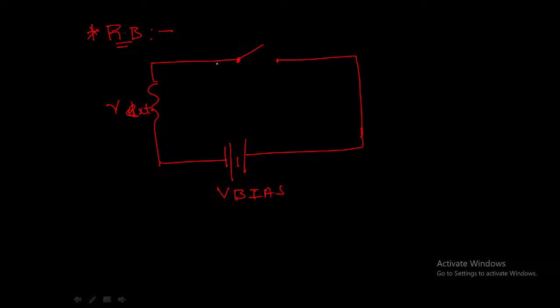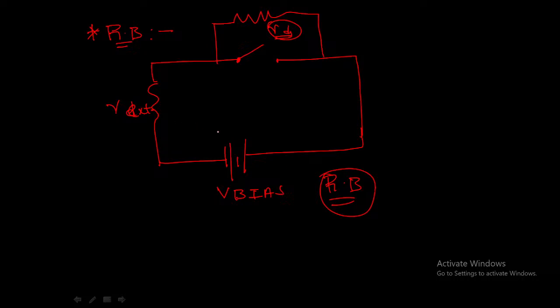A dynamic resistance RD will be present in parallel to this open switch. So this is how the complete diode model looks for a reverse bias diode.